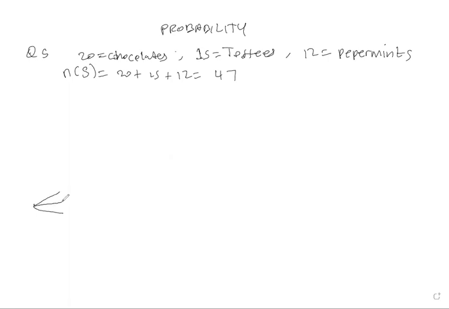Okay, so we're trying to come up with a tree diagram. There are a few types of sweets, so we're showing 3 branches here.